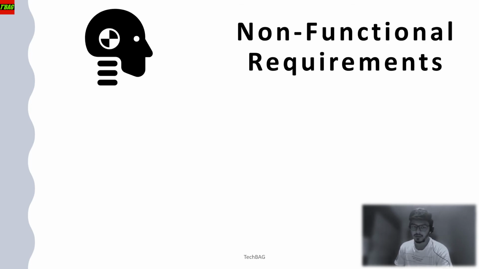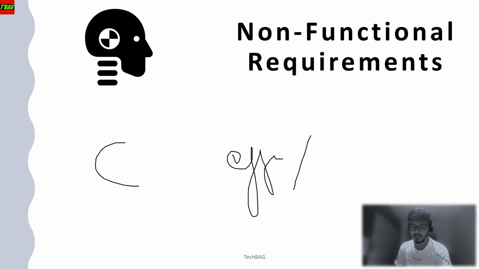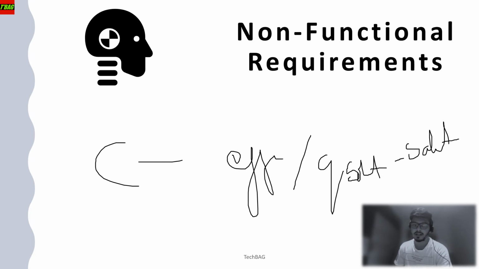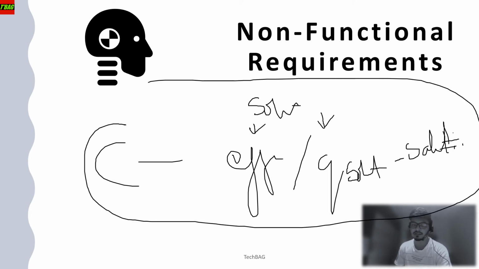Coming to non-functional requirement, it describes the conditions under which the solution remains effective as well as the quality a solution must have. So under conditions, your solution must be effective, as well as the quality of the output aligned with what the solution must have. So satisfying all the conditions is a non-functional requirement, whereas satisfying all the capabilities is a functional requirement.